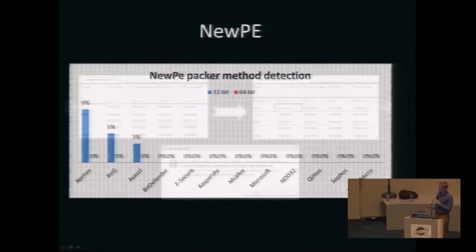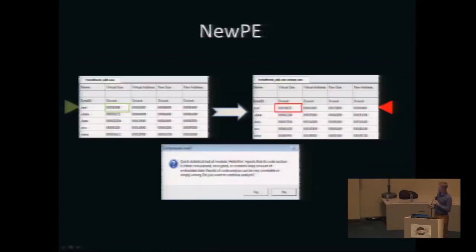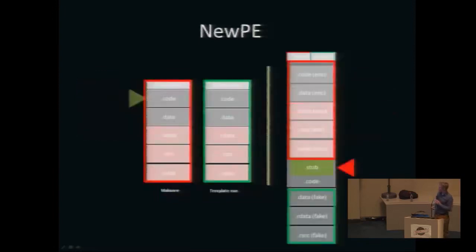The first one is the same fact that Olly debugger is detecting: the entropy of the code section is not what it should be in a legitimate file. The second one is that we are constructing a completely new executable, combining the original 2 PE headers of both our malware and our template exe into a new PE header. For example, the PE header contains the architecture of your file.